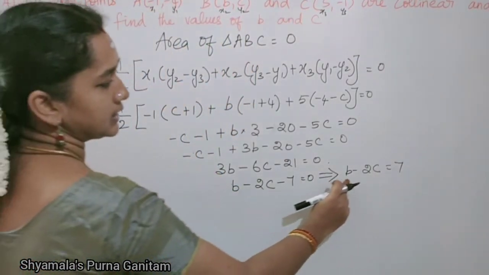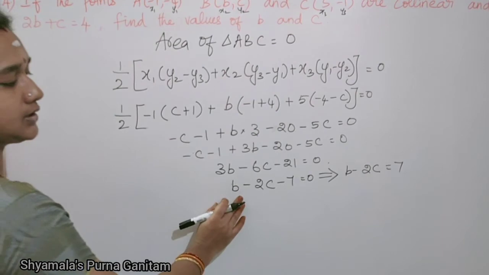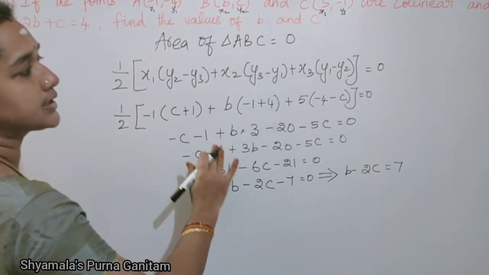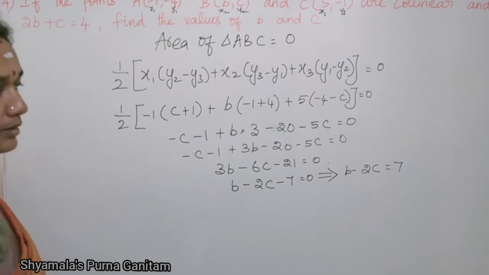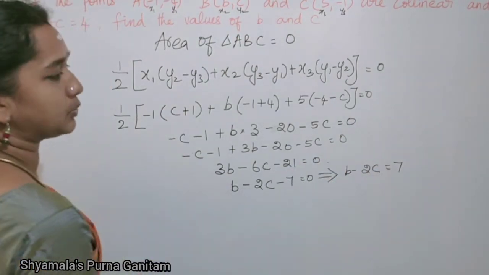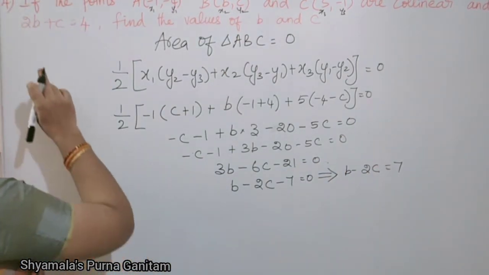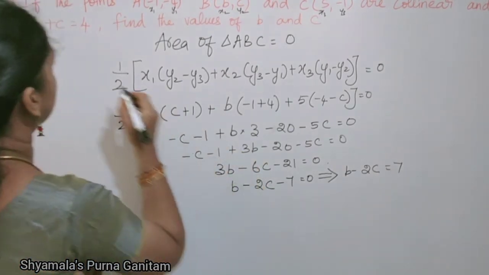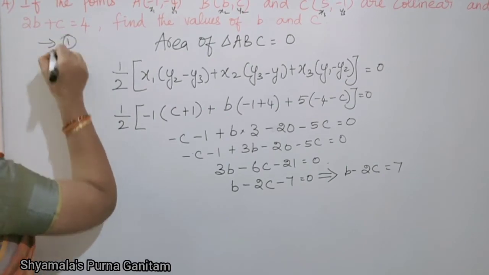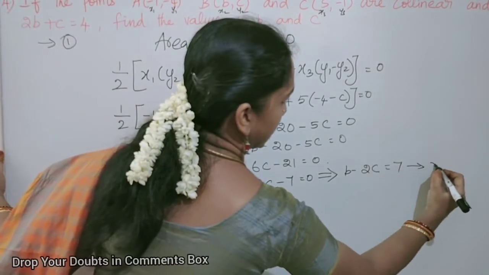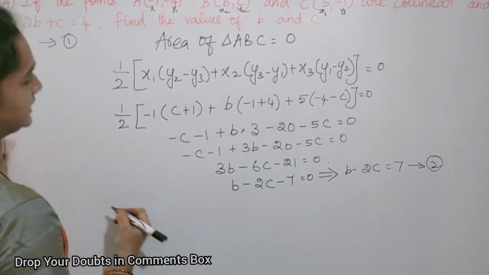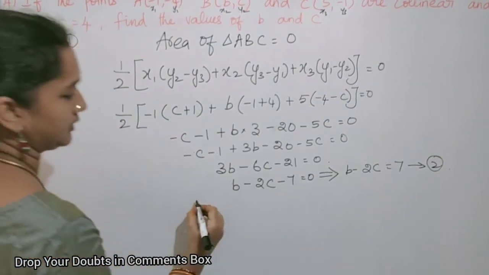This is the equation I got when substituting the given values in triangle ABC. And here the given equation is 2b plus c is equal to 4. So I take this one as the first equation and this one as the second equation.